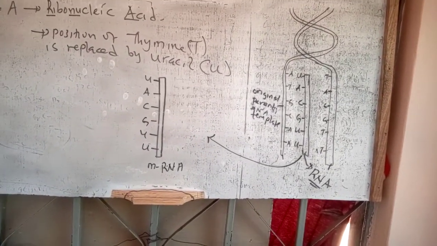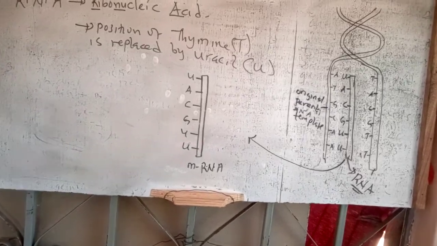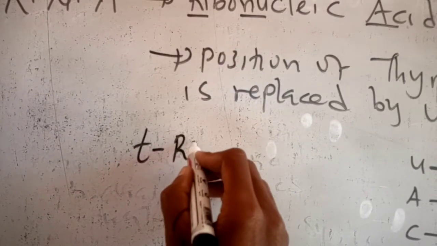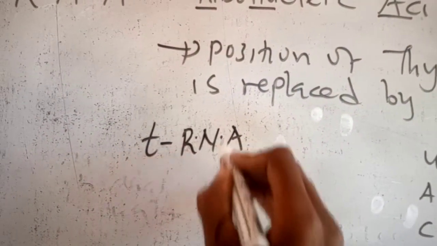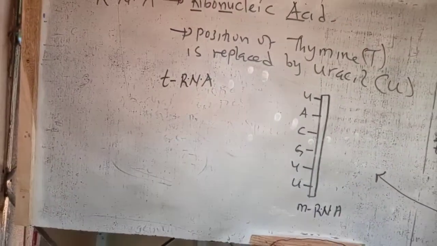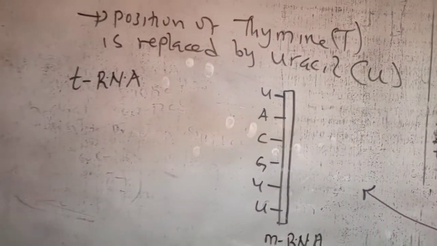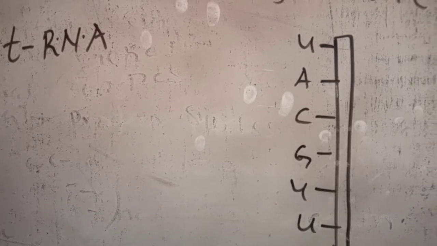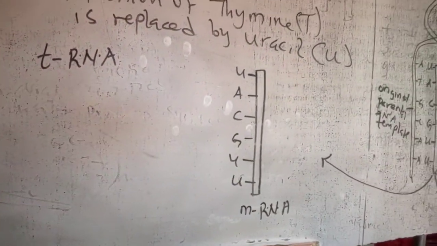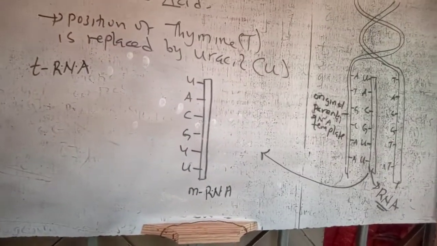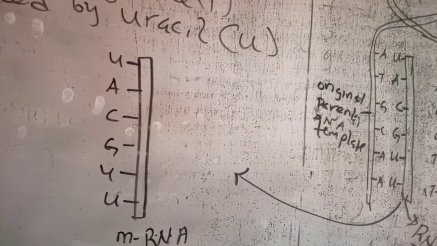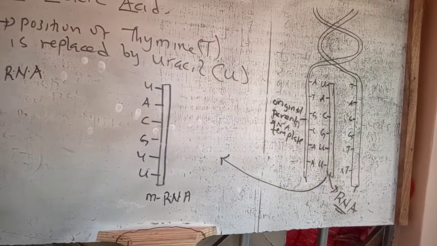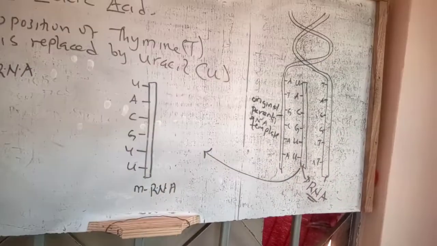And after that, there is another RNA which is involved, and the second type of RNA is tRNA. tRNA is also a type of RNA, and this helps in translating the information from the messenger RNA, so that it can be taken to the amino acid pool, so that the correct amino acid can be removed from the amino acid pool for the assembling of the protein which needs to be synthesized.